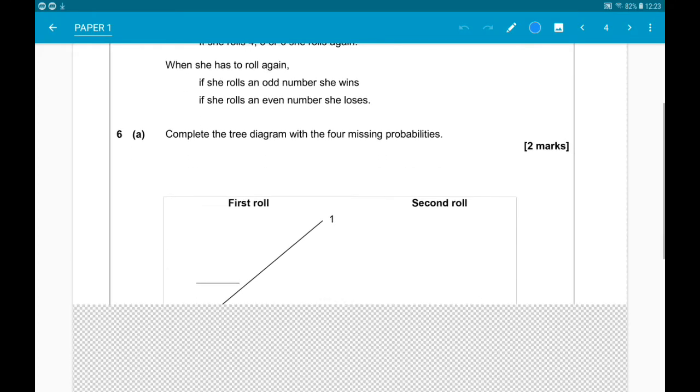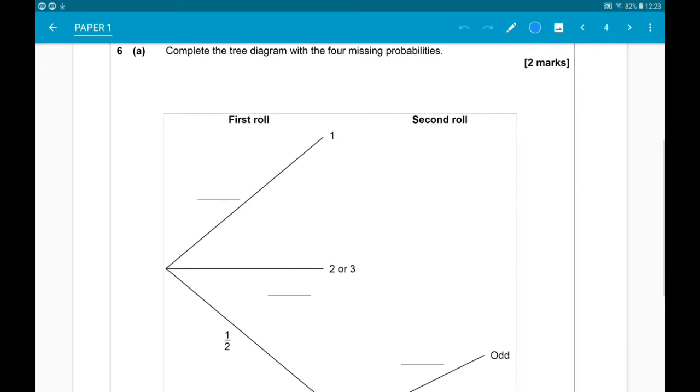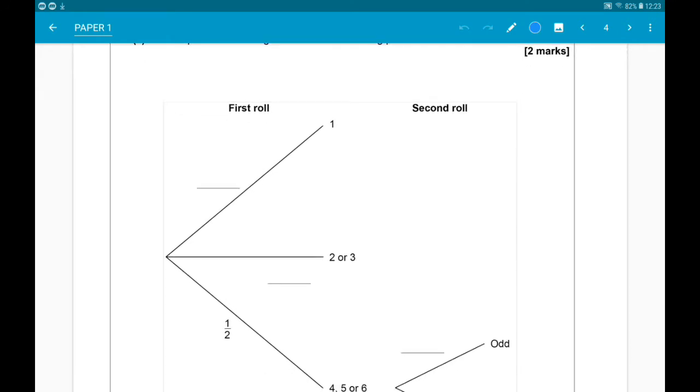Okay, so the probability of her getting a 1 is 1 out of 6. Getting a 2 or a 3 is 2 out of 6, which is 1/3.